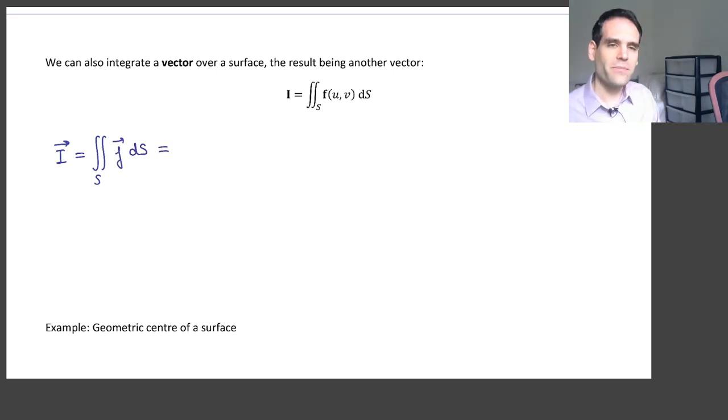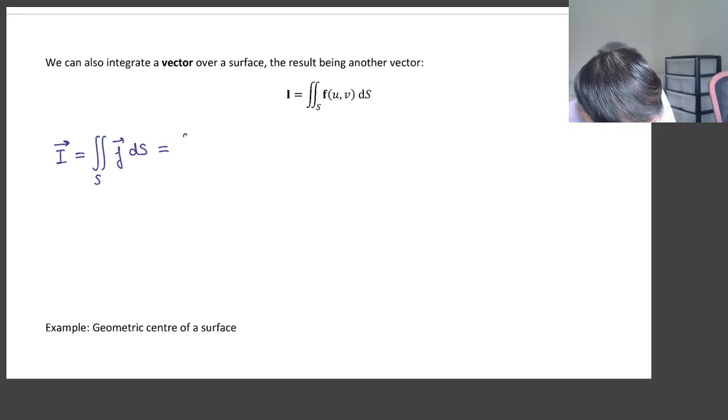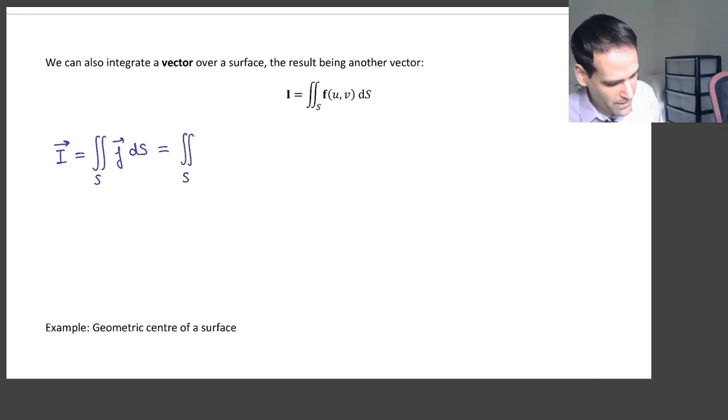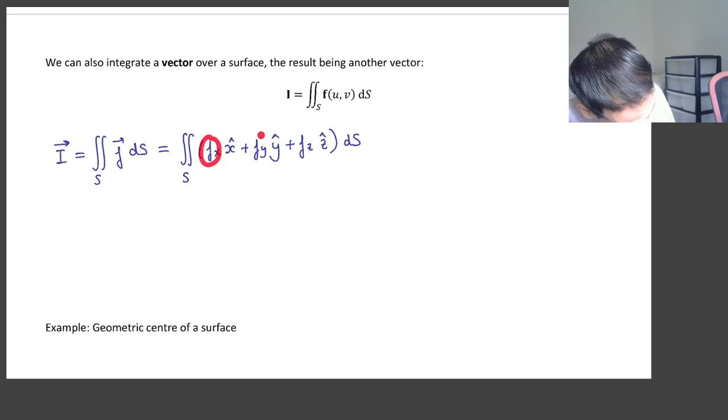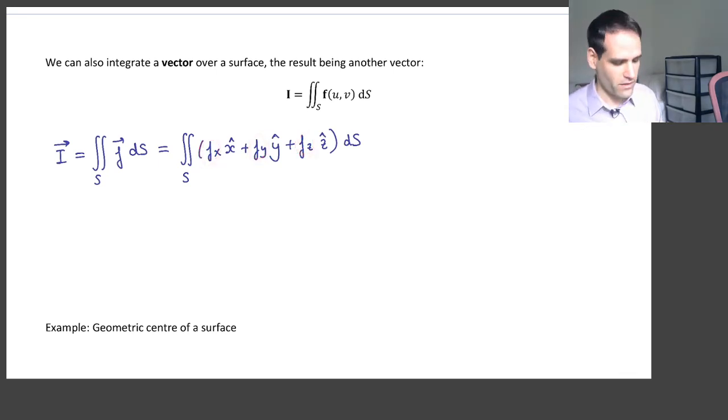So you can write your vector function f by expanding it in a basis. So you can, for example, use the x hat, y hat, z hat basis, where now each of these components will be a function.